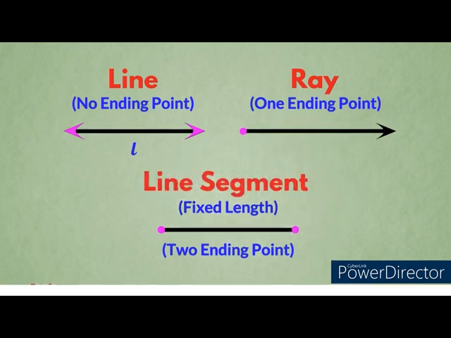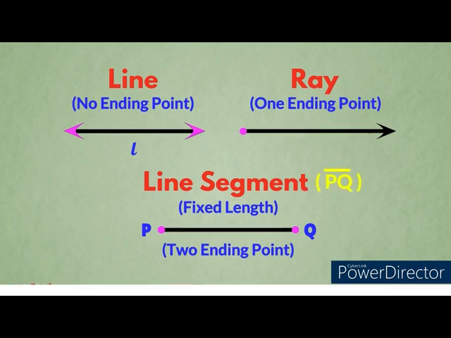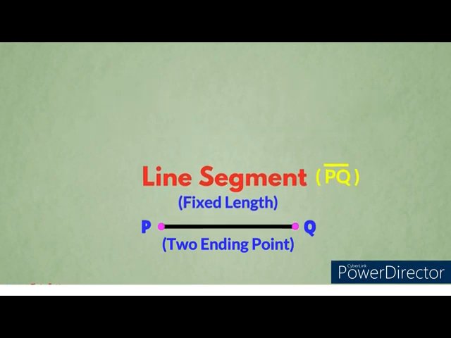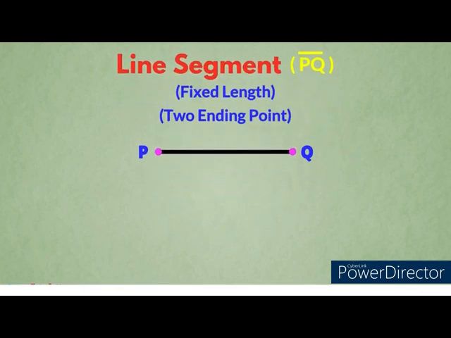It has two end points and a fixed length, and we call one end P and the other end Q. We can represent the line segment PQ by writing PQ and putting a line on top of it. I hope this is clear for you.